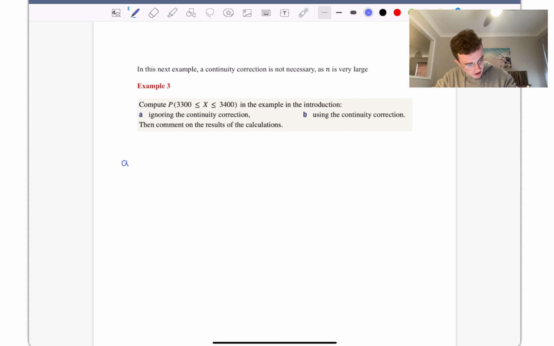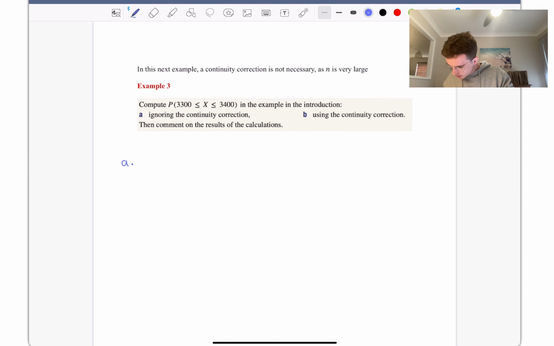We're going to do this using a normal approximation of a binomial random variable. It would be very tricky to do this using the binomial theorem because you would have to go 3,300 plus 3,301 plus 3,302.